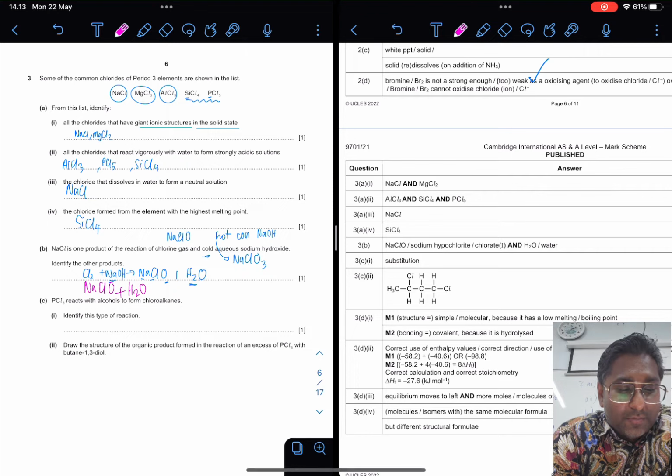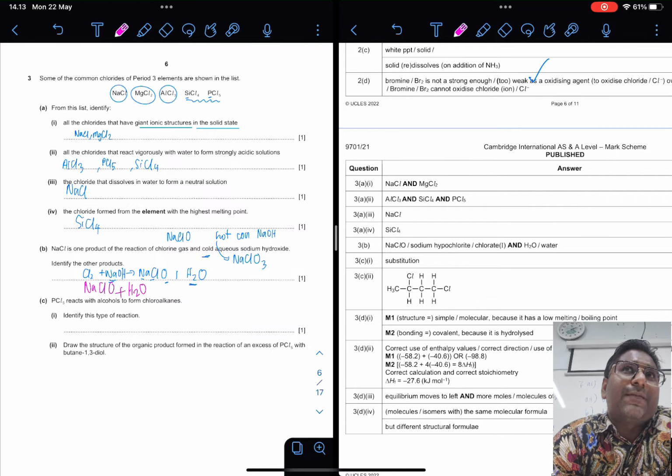Now PCl5 reacts with alcohol to form chloroalkanes. Do remember PCl5 is a test for alcohol, because it gives you steamy white fumes. To form chloroalkanes, identify this type of reaction.